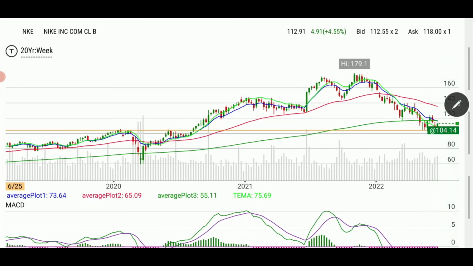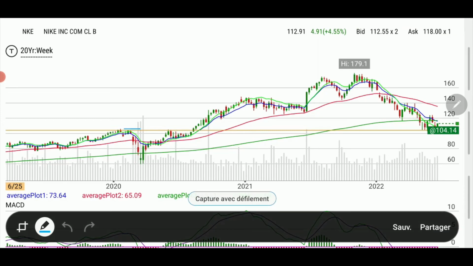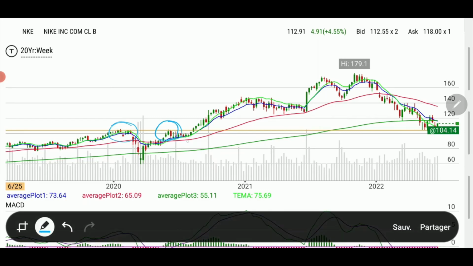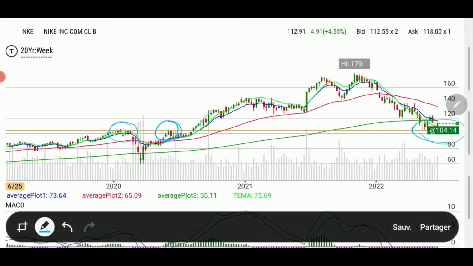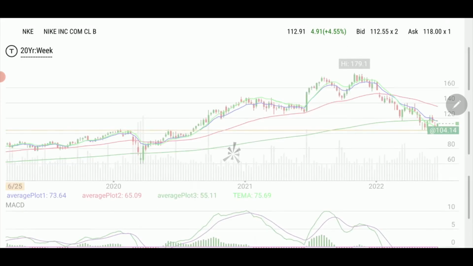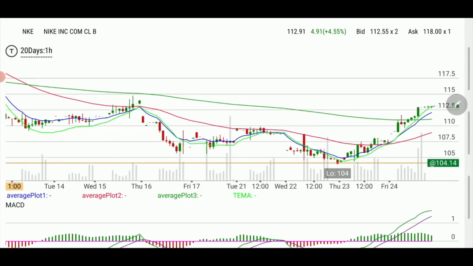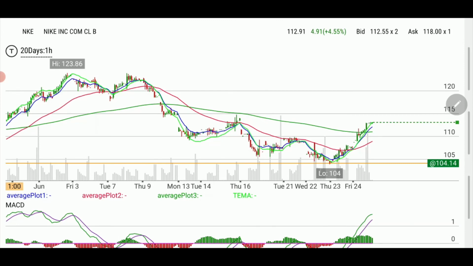And I showed you the double top before, where we were on the 1 hour chart. This is a weekly chart. See this? Rejection. As soon as we moved above it, it became bullish. Now this is 104-ish. Very close to that. Let's move back to the 1 hour. We were very close to that. You should agree with this, right?